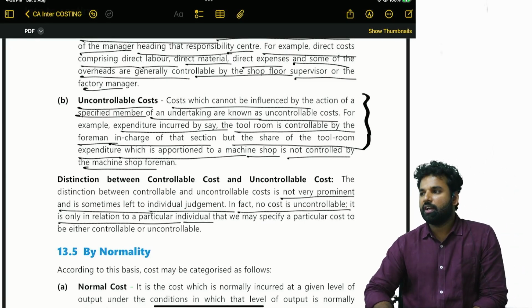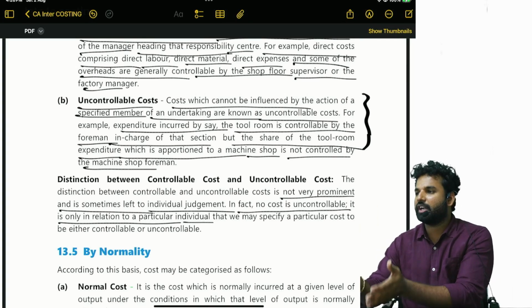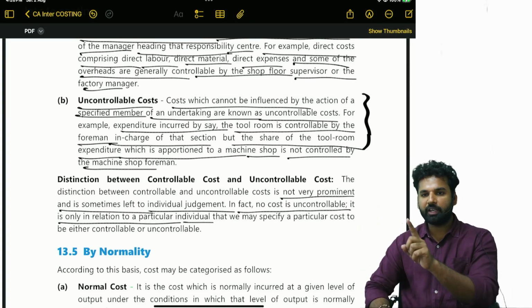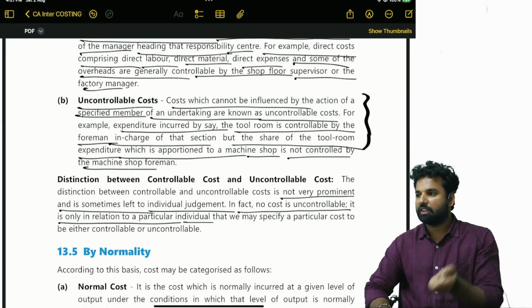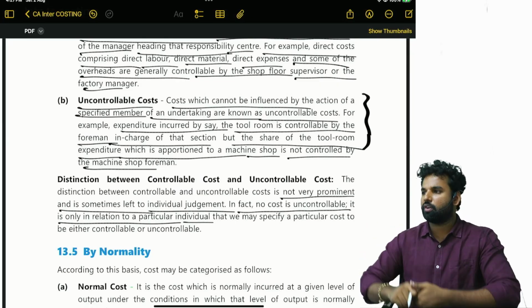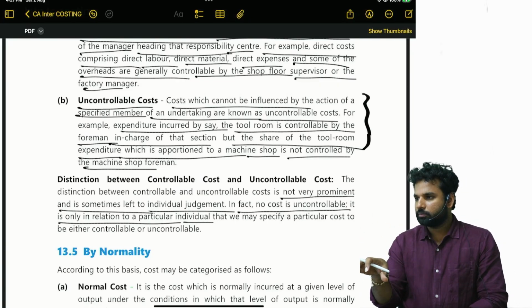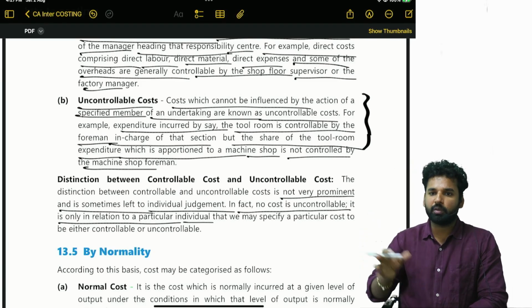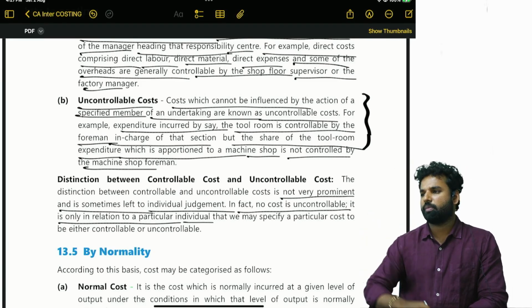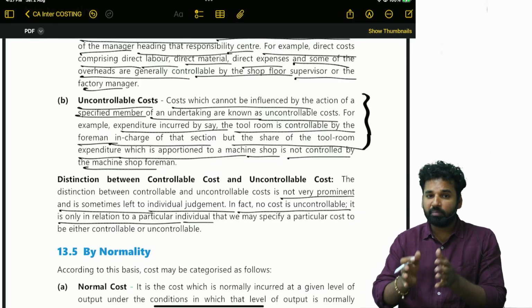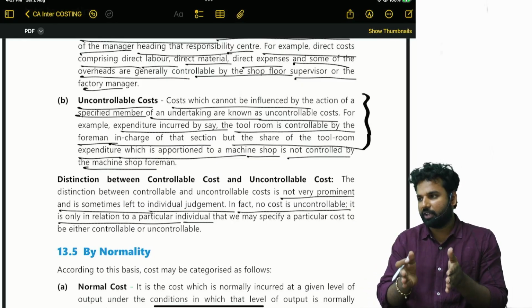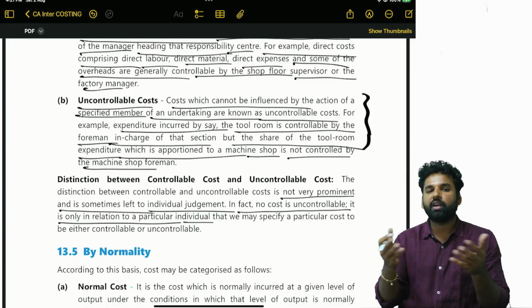With respect to a branch manager, rent is uncontrollable. CEO salary is controllable by the managing director or the board of directors, not by the production manager. So all costs are controllable, but when compared to a particular specified manager, these are uncontrollable.